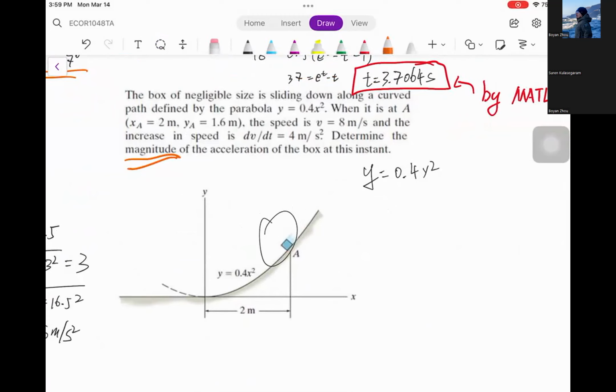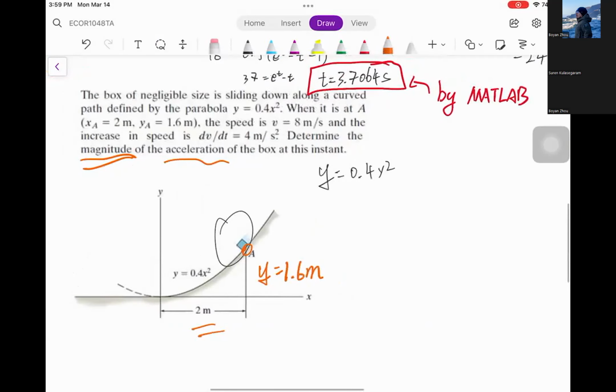We are finding the magnitude of the acceleration when the box is at this location, that is when x is equal to 2 meters and y is equal to 1.6 meters.